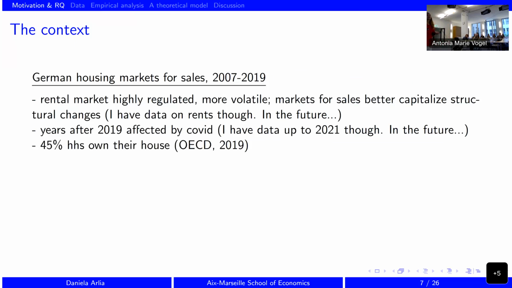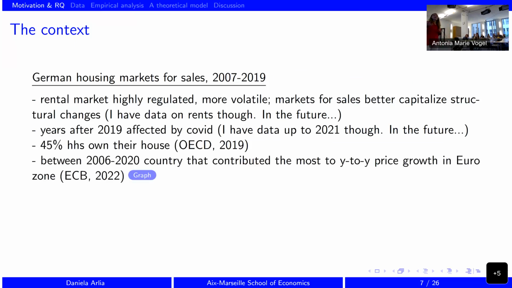Germany is a peculiar case. 45% of households are homeowners. It's a low share compared to other OECD countries, but it's still significant. And between 2006 and 2020, it is the country that contributed the most to the year-to-year growth in housing in the Eurozone.